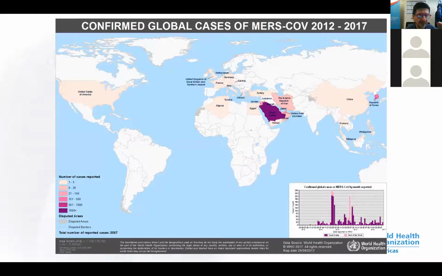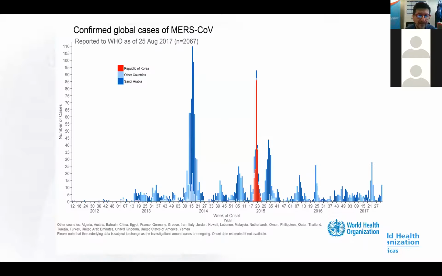We have, for example, the MERS-CoV coronavirus, which you know is one of the viruses associated to the Arabian Peninsula.